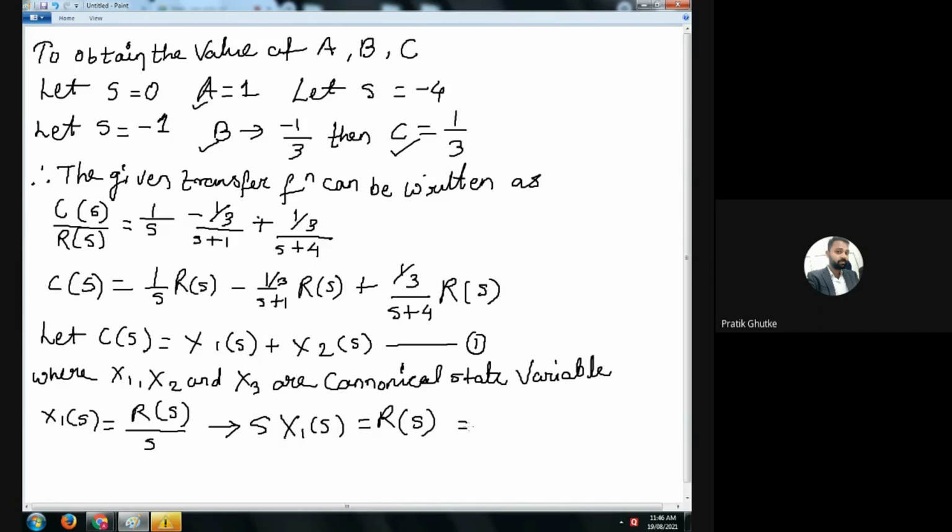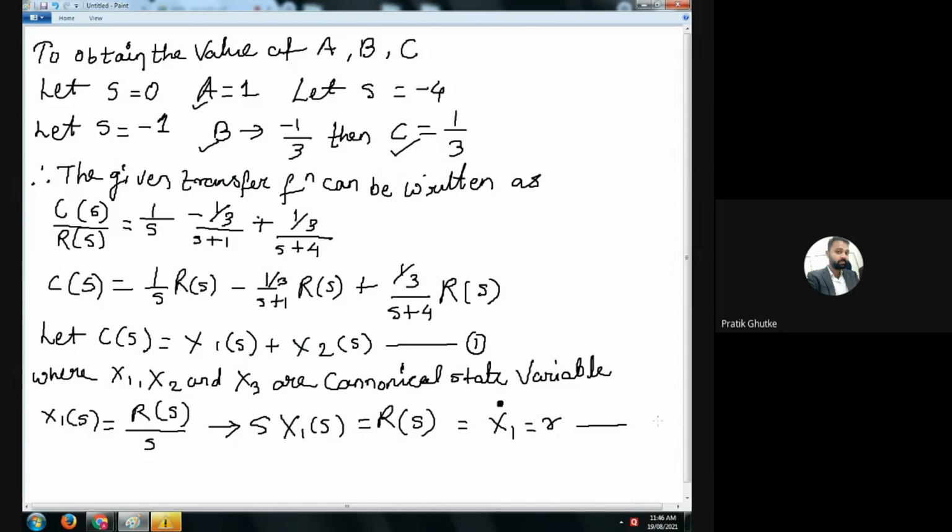S into x1 of s means it is the first derivative of x. So can I write x1 dot? X1 dot means the first derivative of x. So s into x1 of s is your first derivative. So I can rewrite s into x1 of s as x1 dot, and r of s is nothing but r.